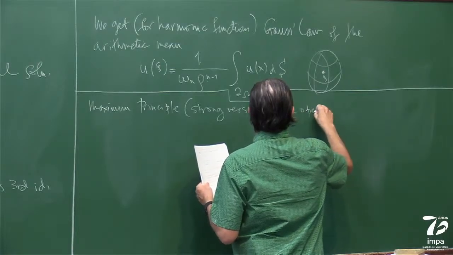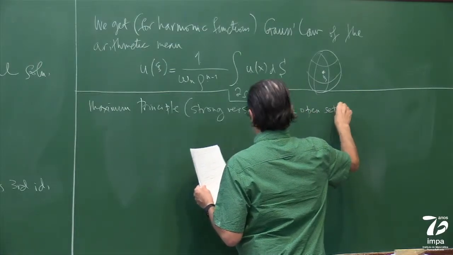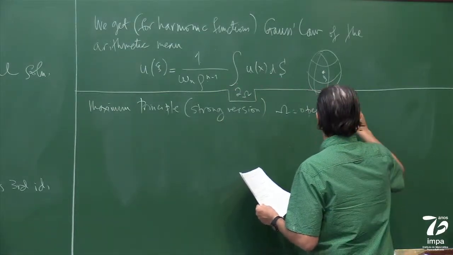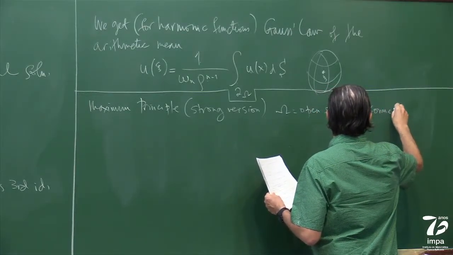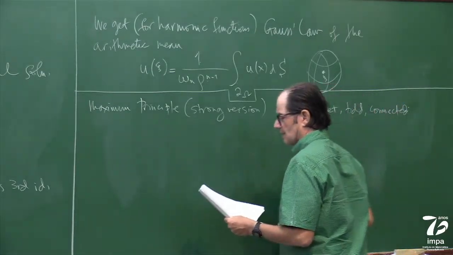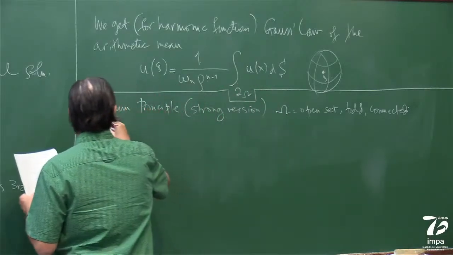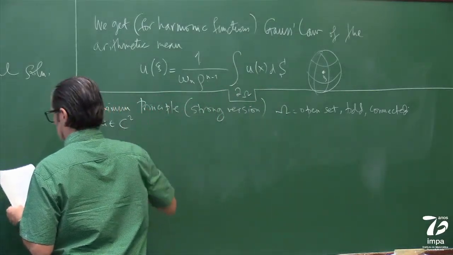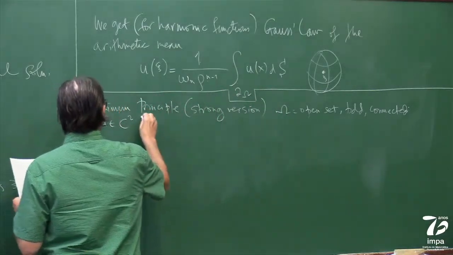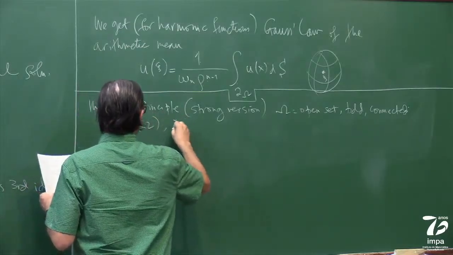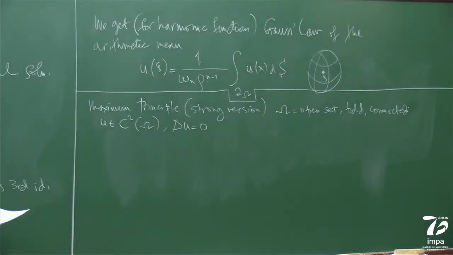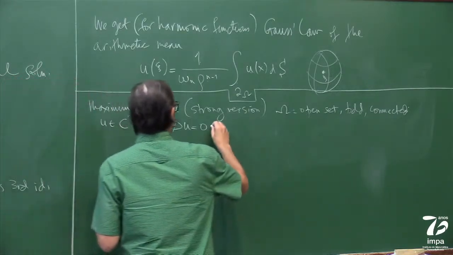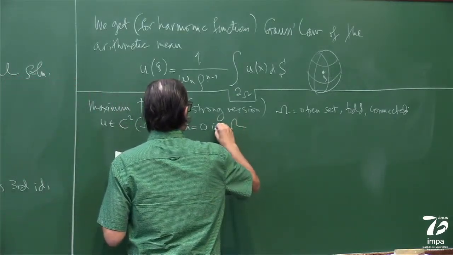Omega is some open set, bounded and connected. U is C2 in omega, and a harmonic function in omega.